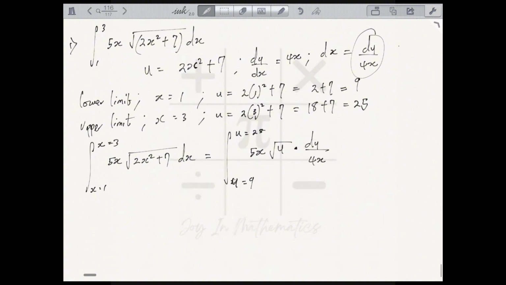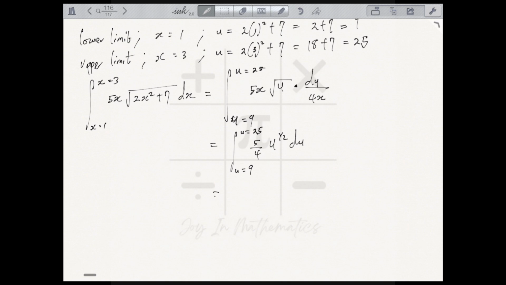Now with this done, we can now integrate from u equals 9 to u equals 25, and we'll be left with 5 over 4 u raised to power half du.